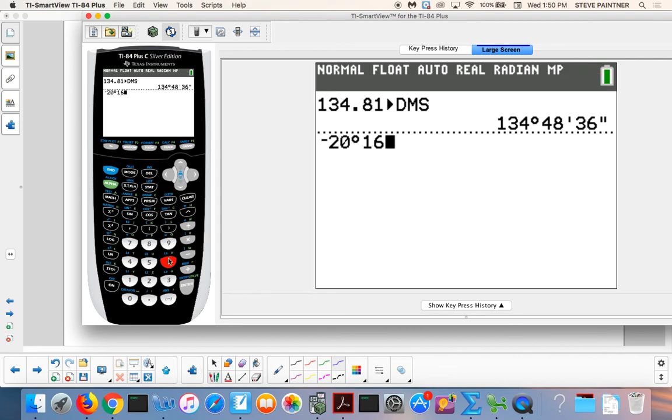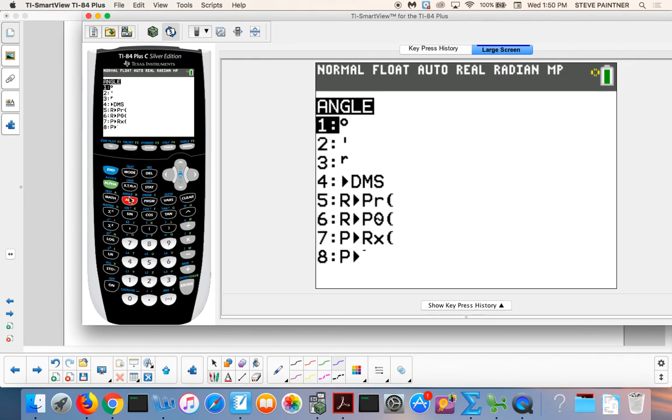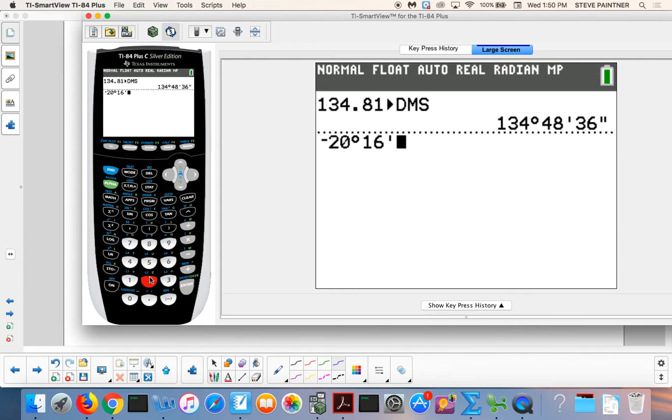How do I tell it minutes? Second, angle, number 2, minutes. How many seconds? 40 seconds. Seconds are really hard to find. Every year I do this, I have to go look for them. They're right here. See the plus sign? Look above your plus sign.